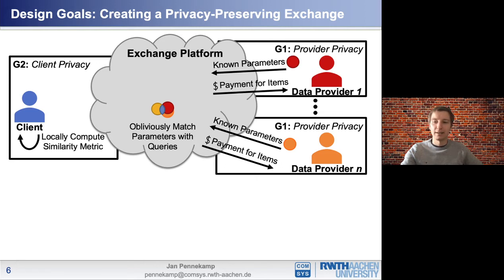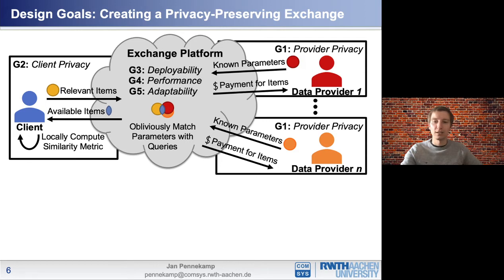On the other hand, the client first wants to compute similarity metrics, so identify the parameters that he's interested in, and this is also sensitive information as it might be his competitive advantage over other companies or clients. Once he has identified those items, he requests them and only receives the intersection of the available and requested items from the exchange. Now, for the exchange itself, we also have 3 additional design goals.